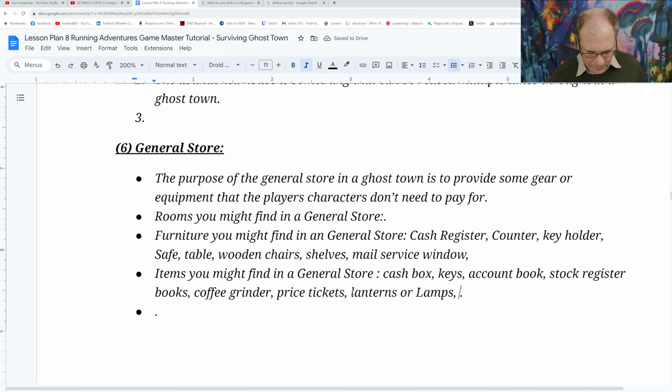Oil lamps. Okay, so, cor blimey. There's rather a lot to deal with, isn't there? And, apron.